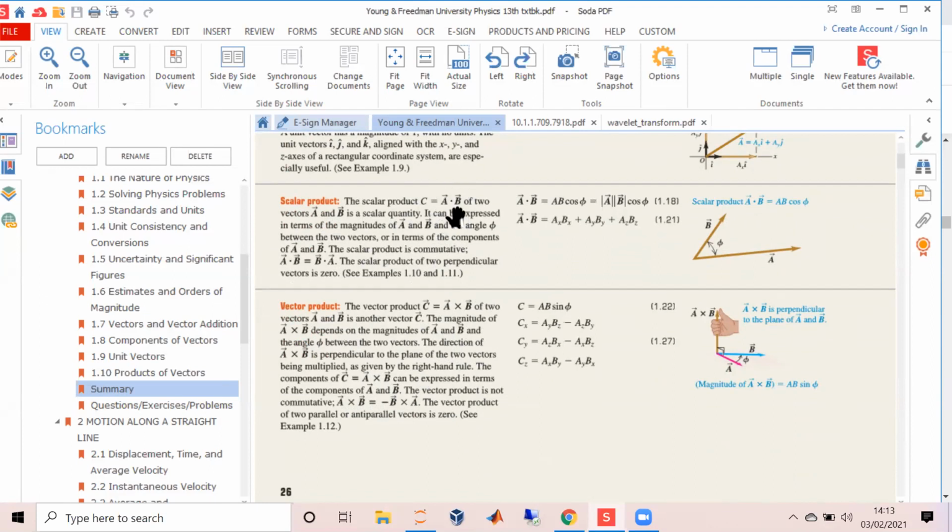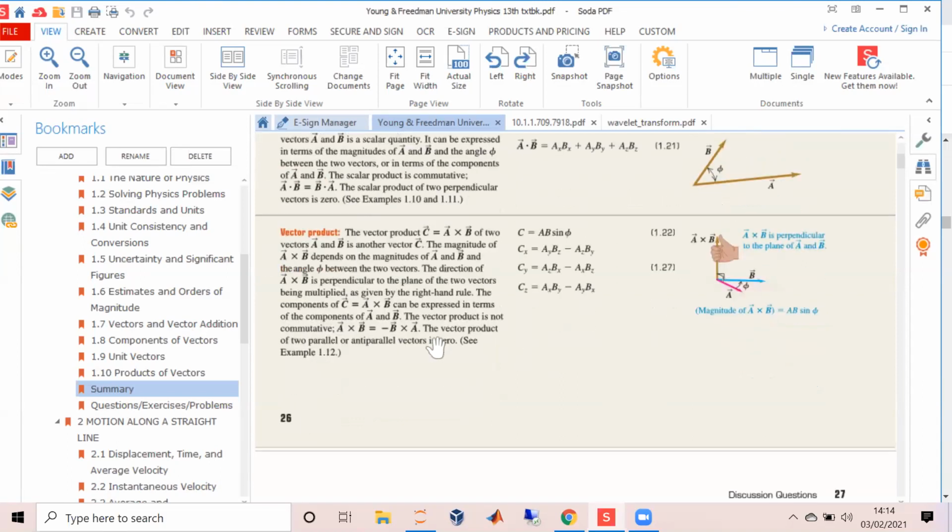You also have to understand that the order in this one is not important, but in the vector product it is important. I believe you will see these properties in other subjects, but it's good that you also practice them for this subject because you will see them a lot.